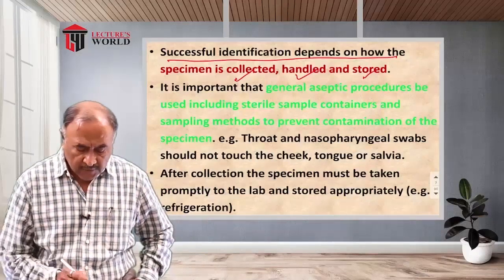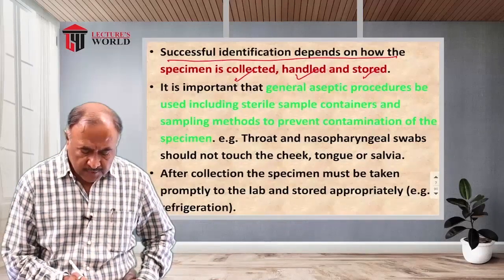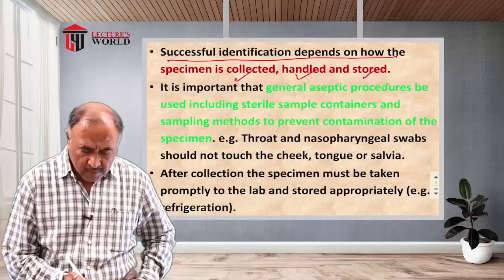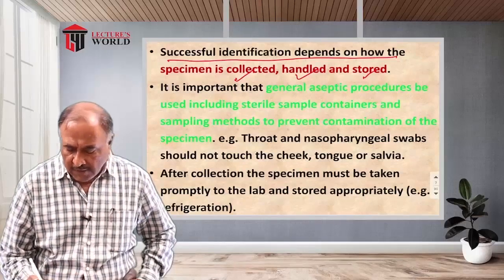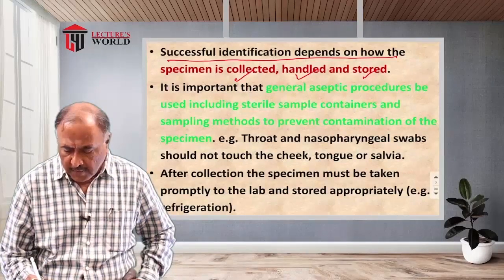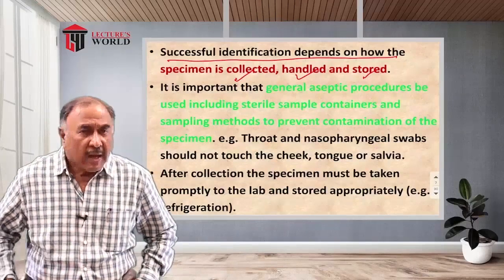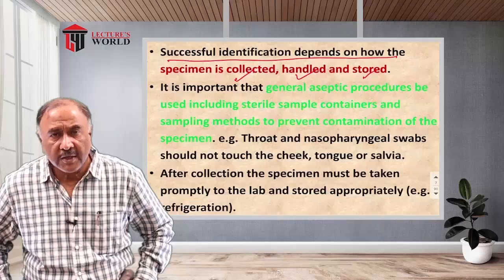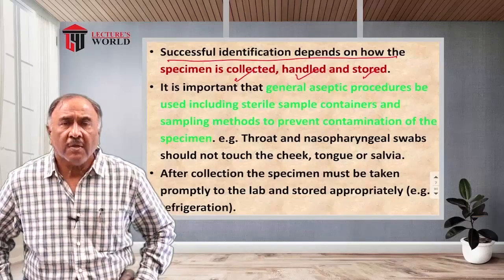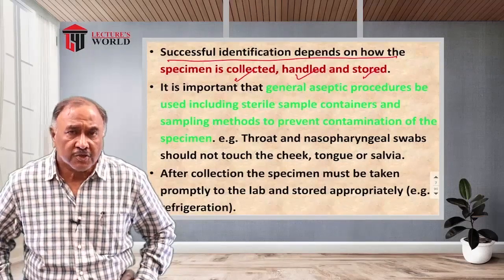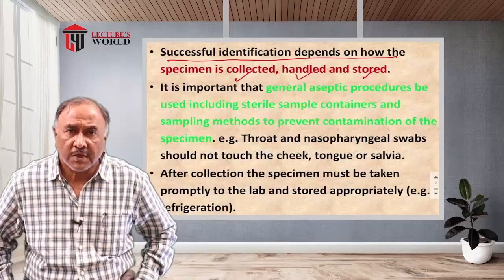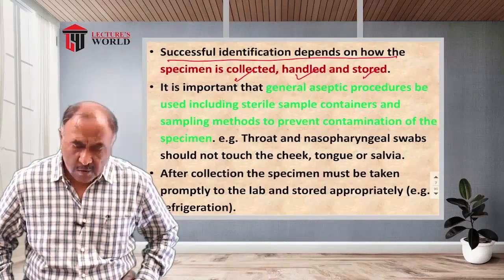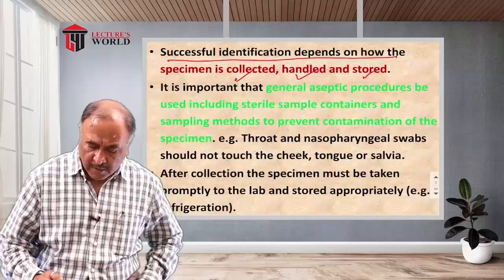So the difference is this: these organisms appear violet, while these organisms appear pink. And you already know the mechanism, that this differentiation is on the basis of the physico-chemical nature of the outermost layer of the cell, that is the cell wall.